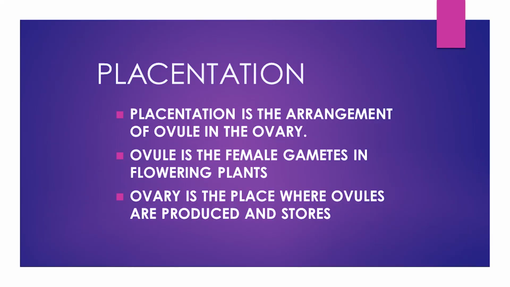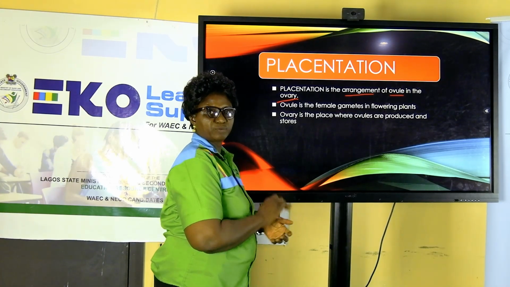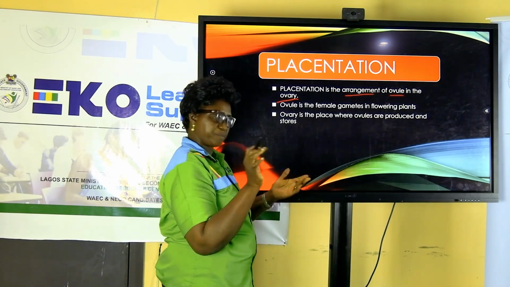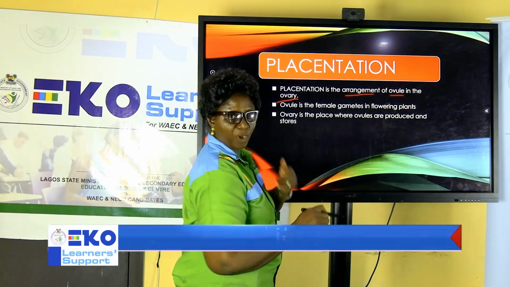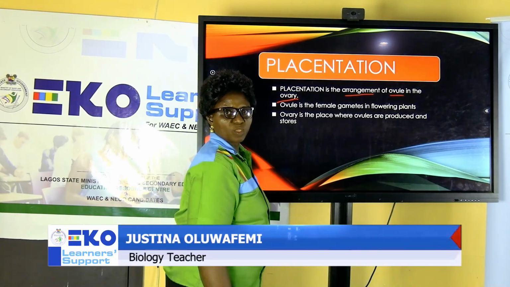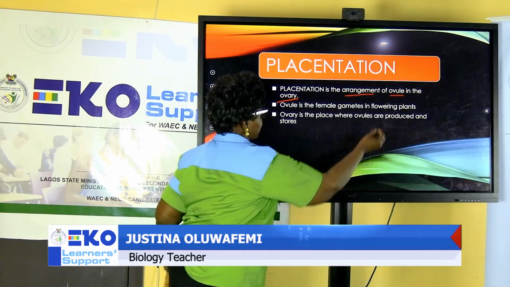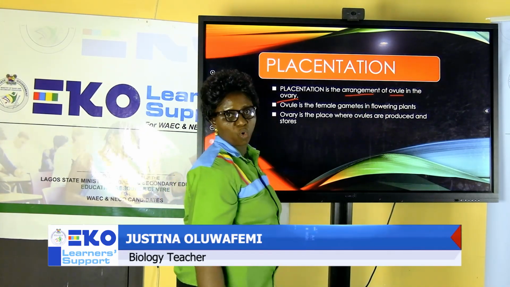What is an ovule? That represents the compartment of the gametes, sex cells in a female plant, female flower. Flower is found in plants. And what is ovary? Ovary is that compartment, that structure that contains the ovule.